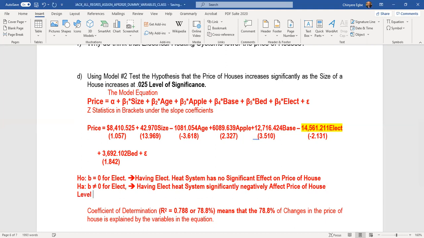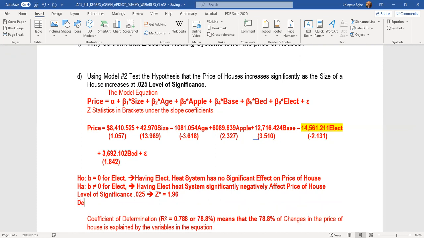Level of significance. Okay, let me say 0.025, which means that, again, you know how to look up a Z by now, Z star equals 1.96. All right, Z star is equal to 1.96.